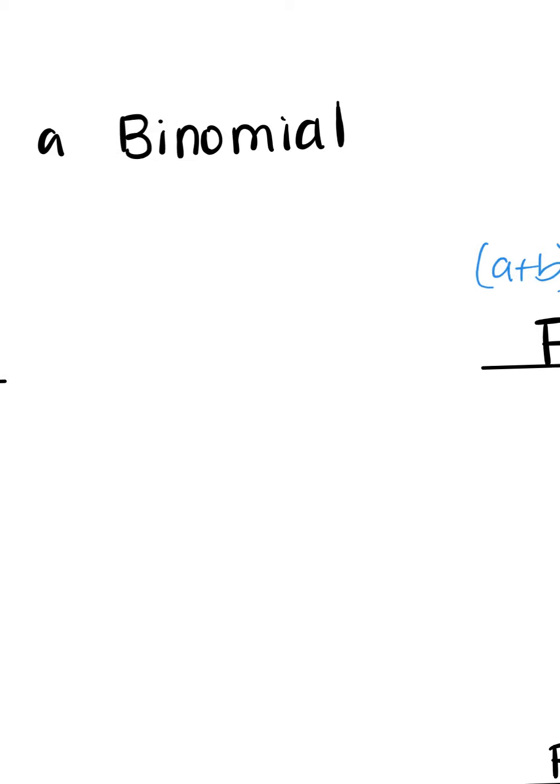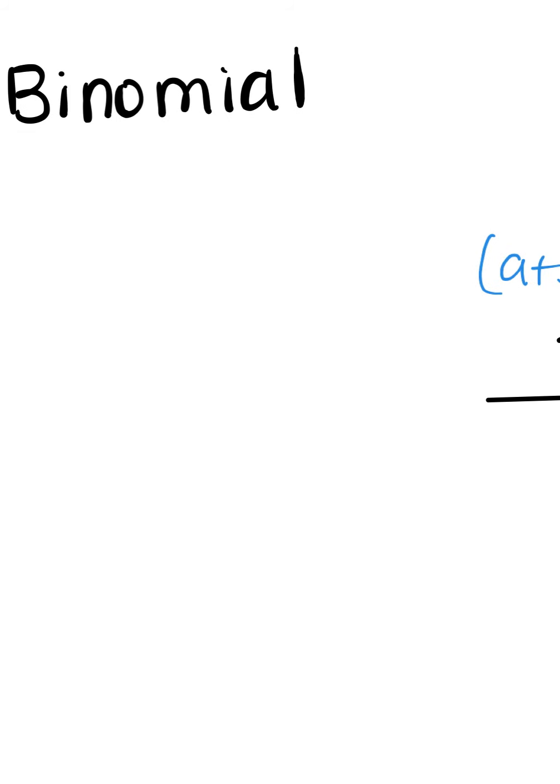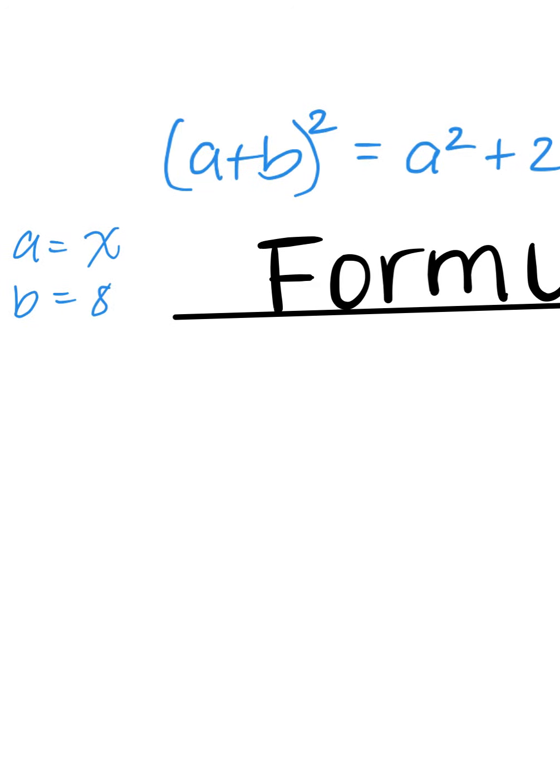So, x plus 8. What's my a? And what's my b? Plug it in. So, it's going to be x squared plus 2 times x times 8 plus 8 squared. I just plugged in an x for every a and an 8 for every b. So this is x squared plus what?